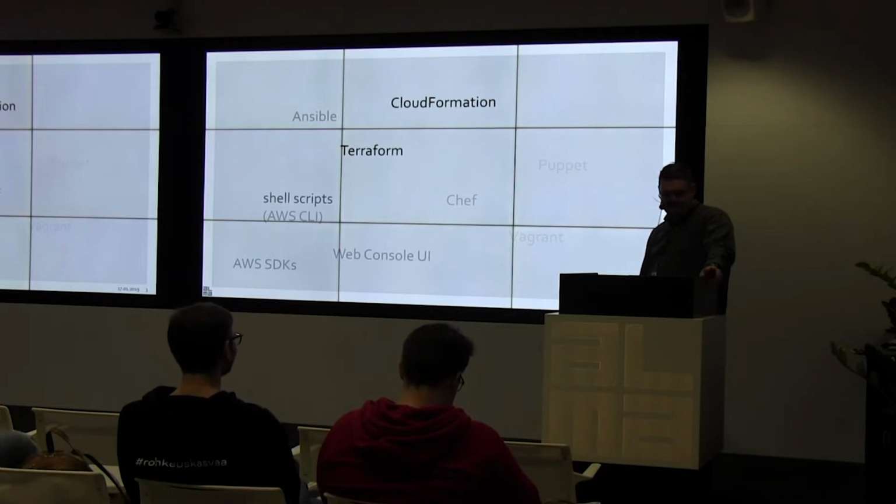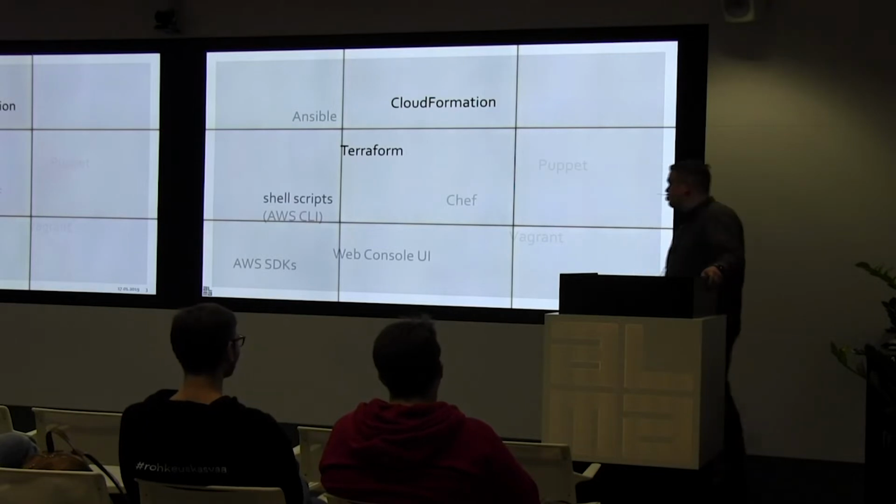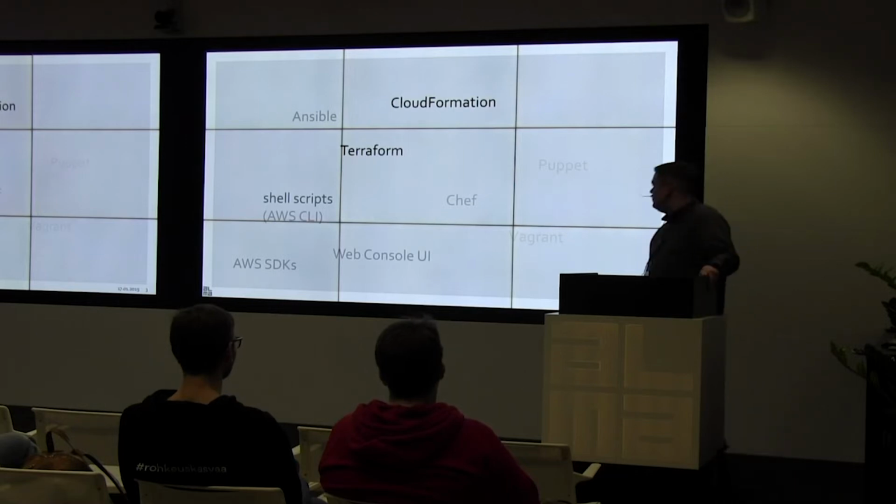I at least hope someone else has it too, not just us. Mostly we are using CloudFormation and Terraform at the moment, so in that sense we're doing good, and of course there are always some shell scripts. We don't have any Puppet or Chef or Vagrant anymore, but still some Ansible might be somewhere.